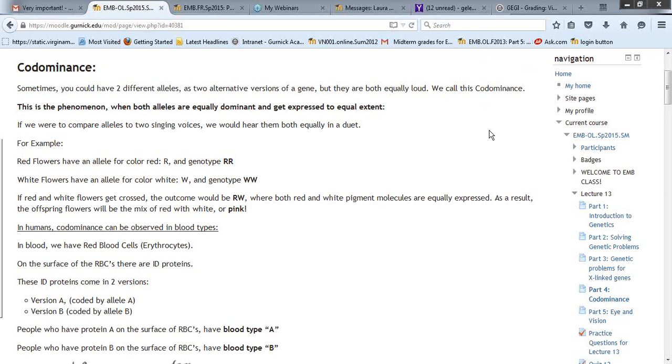I am giving you an example of a flower that is expressing some red color and expressing some white color.